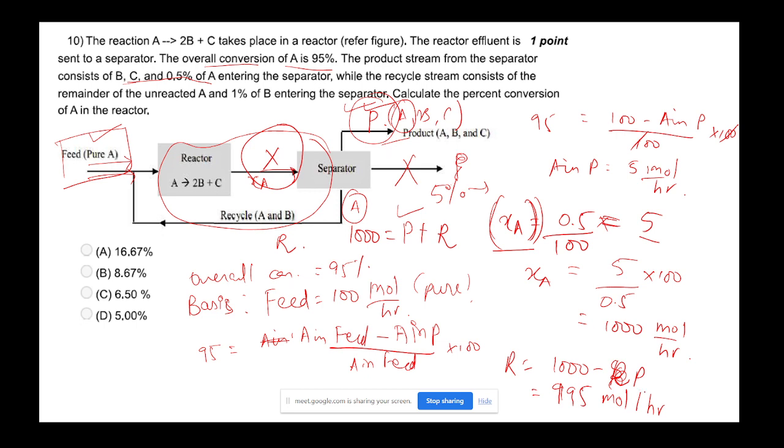Okay. So this much data is sufficient for calculation of the single pass conversion. So I can simplify for you. 100 moles of A goes into the reactor as feed stream.